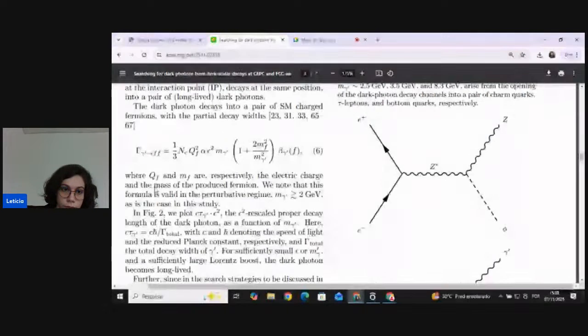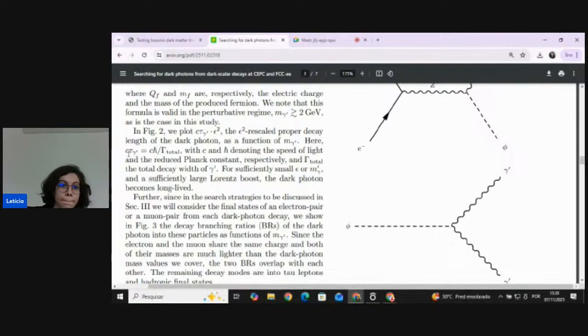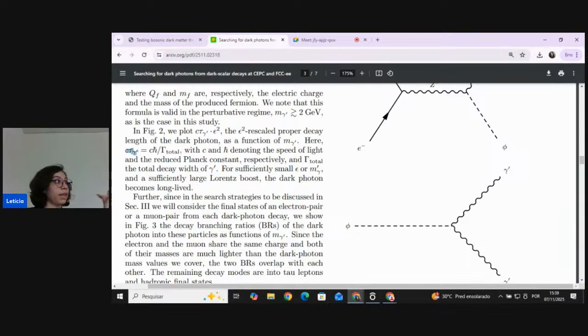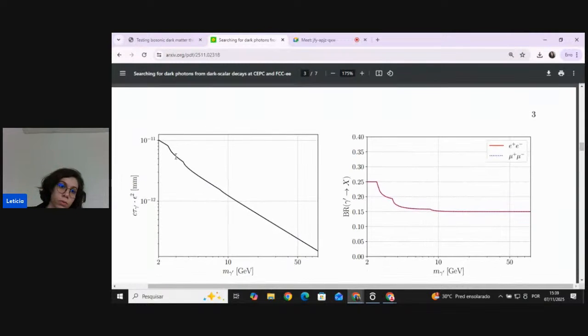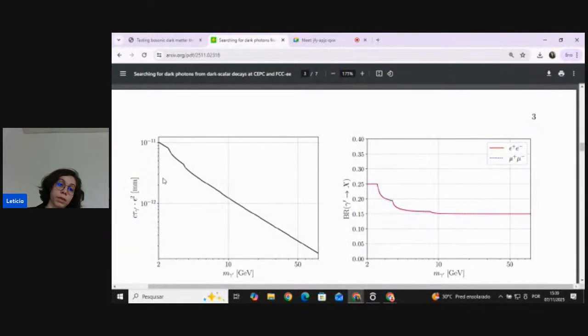So we have, let me see, here, this is the light velocity, this is proper time, lifetime, and this is the total decay width. So this would be proportional to the length it travels without decaying. So we can see that it becomes smaller as the mass increases.